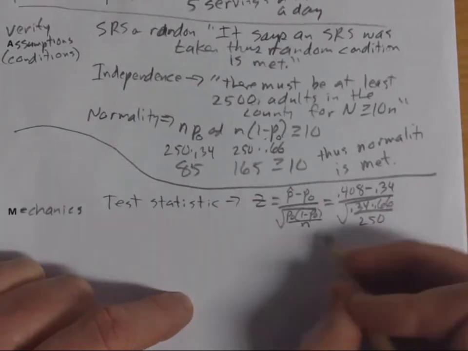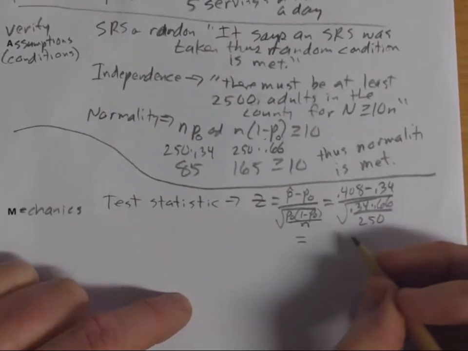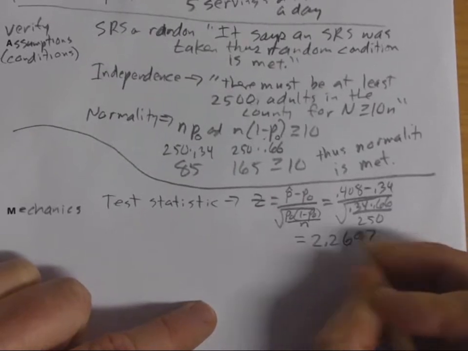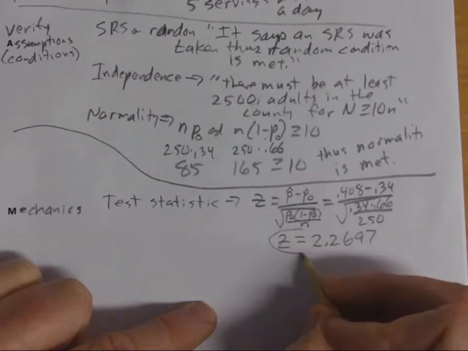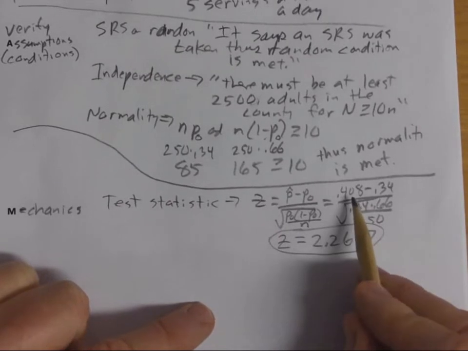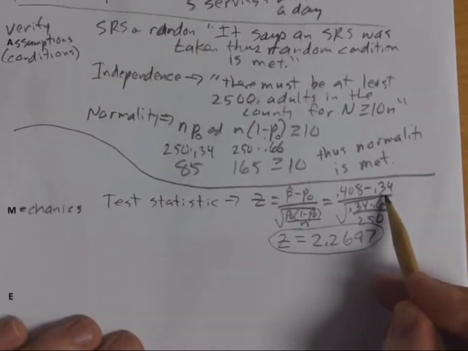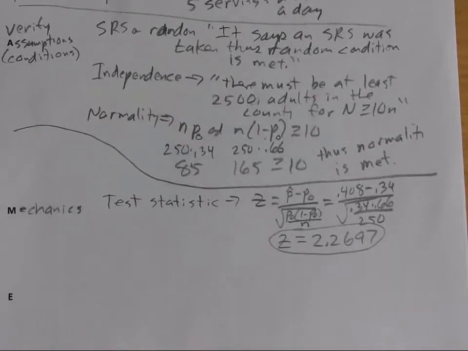And so that, in fact, is going to be equal to about 2.2697. So what that is telling me is that my sample value is about 2.3 standard deviations from the hypothesized value. And that's probably going to be statistically significant.